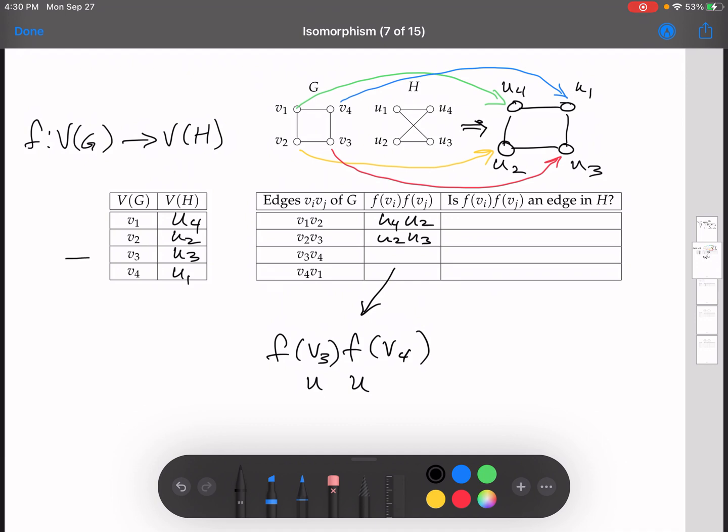See, V3 goes to U3. V4 goes to U1. So we've got U3, U1. And now lastly, let's see, that's F of V4 and F of V1. V4 goes to U1. V1 goes to U4. So that's U1, U4.